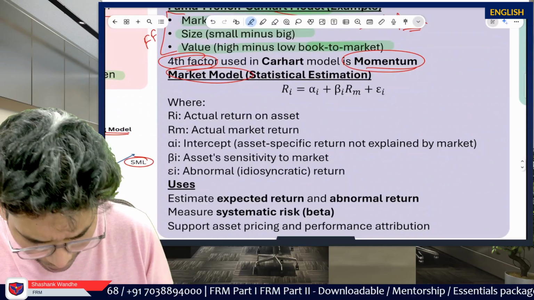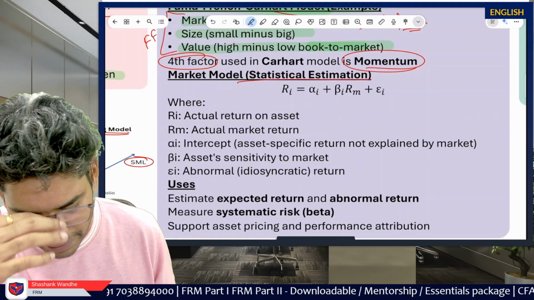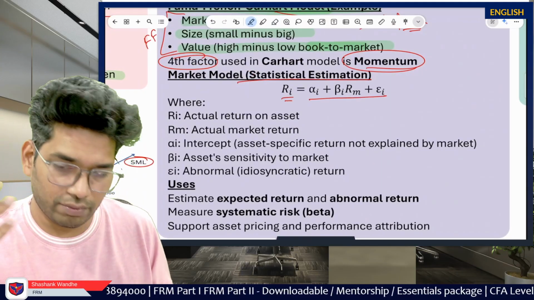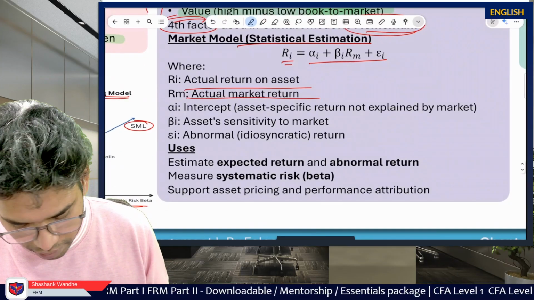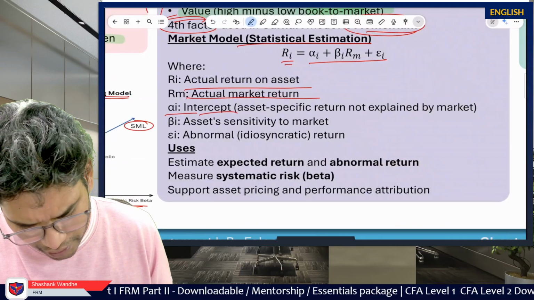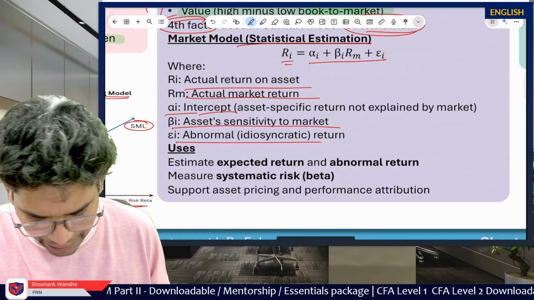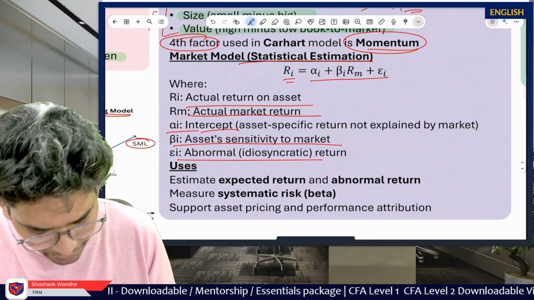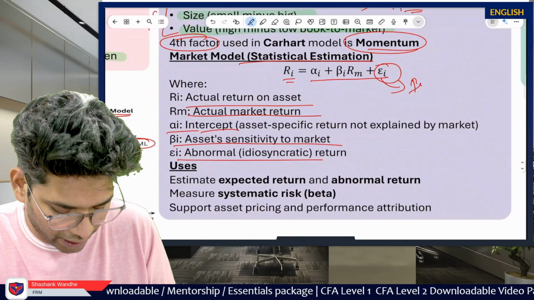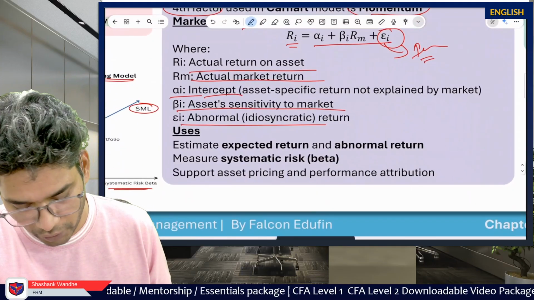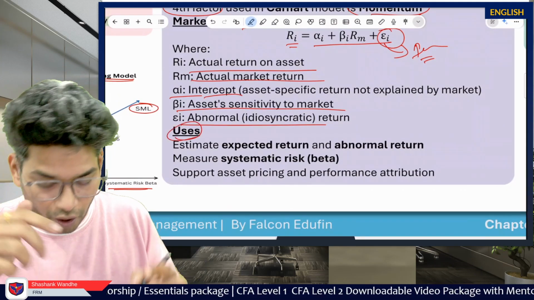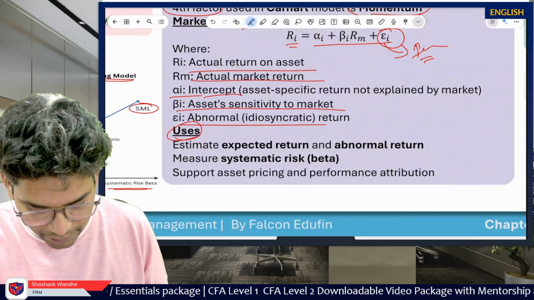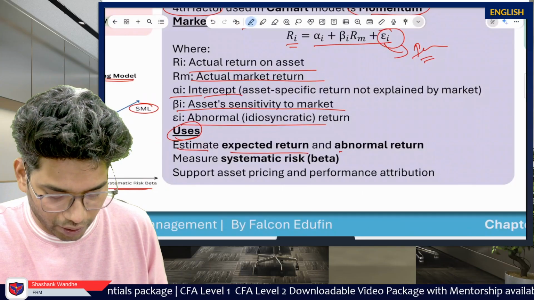Then the market model. Based on statistical estimation, you can use the CAPM model. It has the actual return on the asset, the actual market return, the intercept, beta sensitivity, and the abnormal idiosyncratic part. This is the idiosyncratic part or the abnormal part, the error term. This is the same as our one variable regression. Uses of this basic model are to estimate the expected return and the abnormal return.